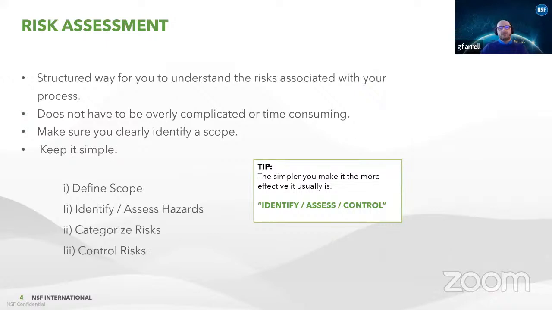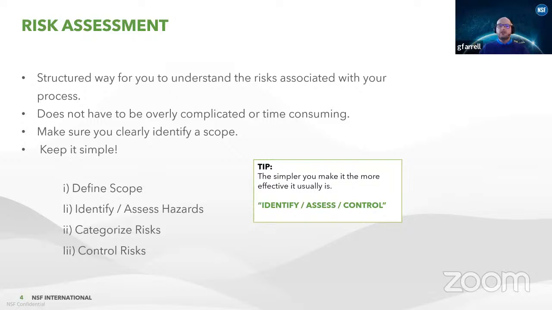A risk assessment is essentially a structured way for you to understand the risks associated with your process. There are many different processes, and I'm probably going to say this many times, but you need to understand what your process is, what your risks are, and how that relates to your facility. It does not have to be overly complicated or time consuming, and keeping it simple is generally the more effective way to go.